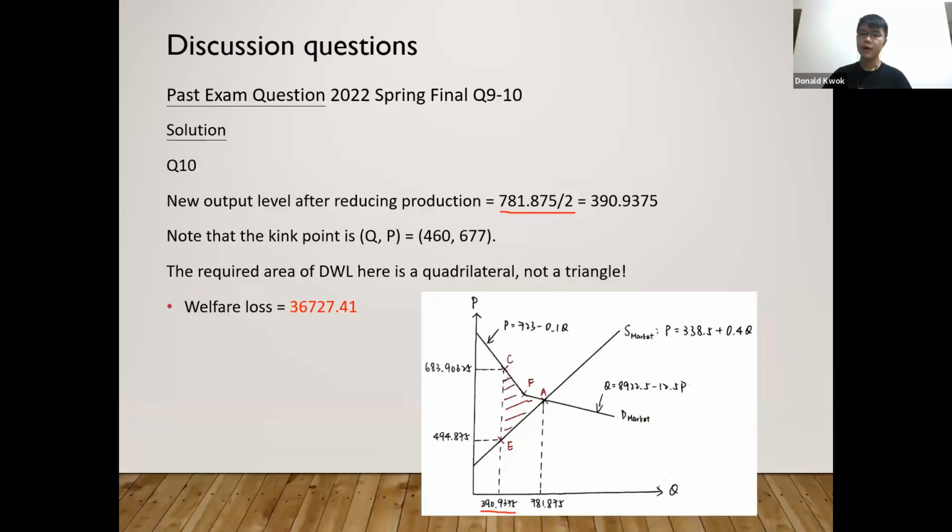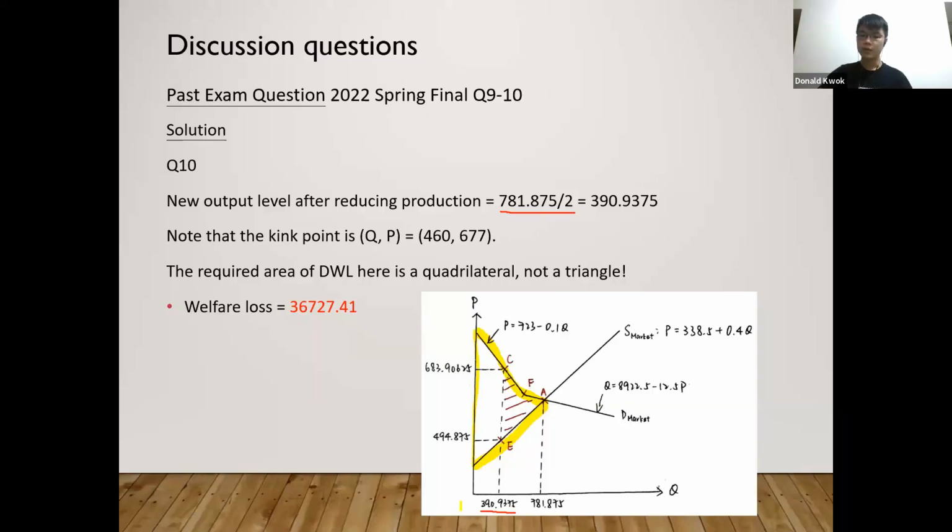So how can we find the deadweight loss, or the decrease in total economic surplus, by moving from the market equilibrium level to this new level? At the market equilibrium level, the area of total economic surplus is the area constrained by the demand curve and the supply curve until this market equilibrium level. So this yellow quadrilateral is the total economic surplus at the market equilibrium level.